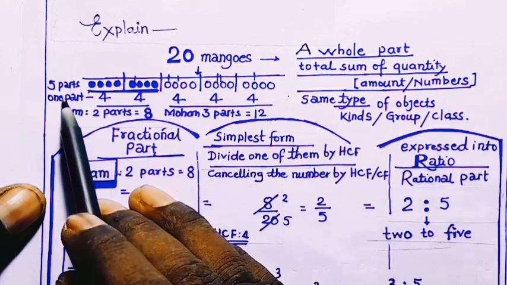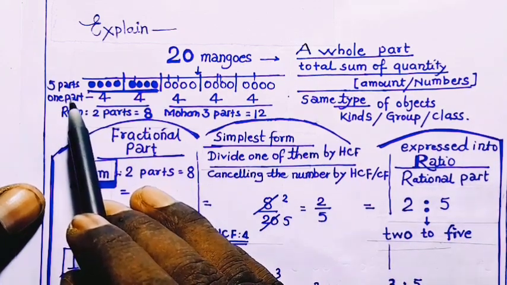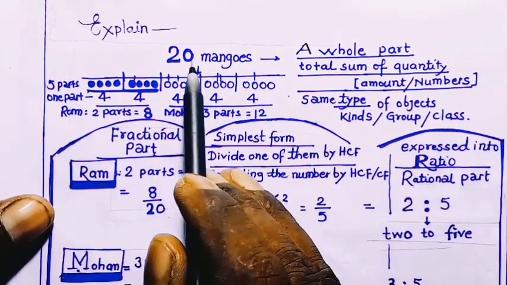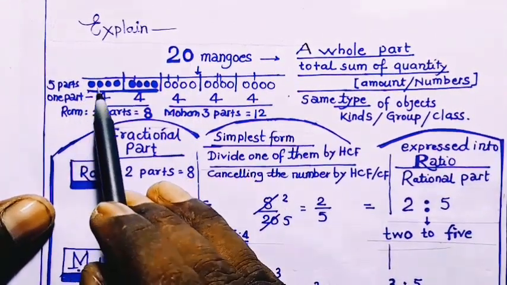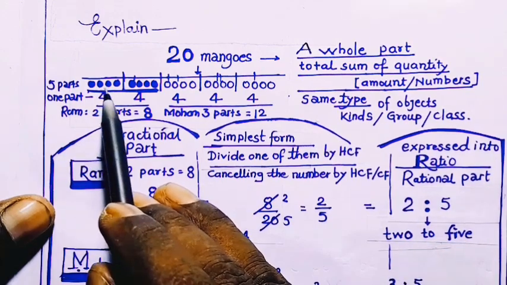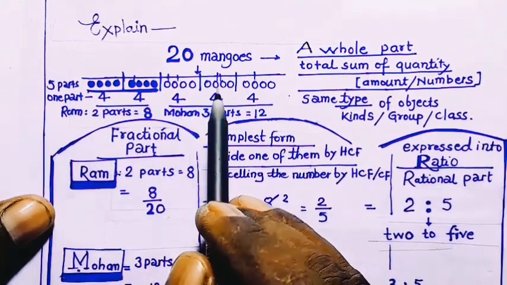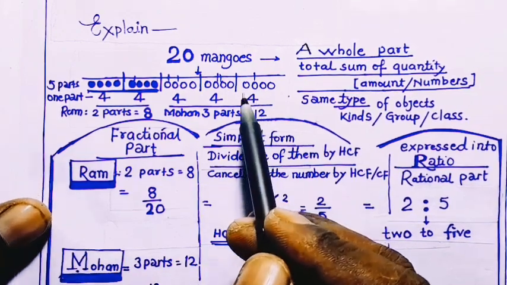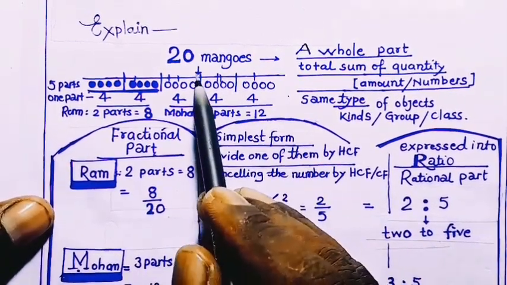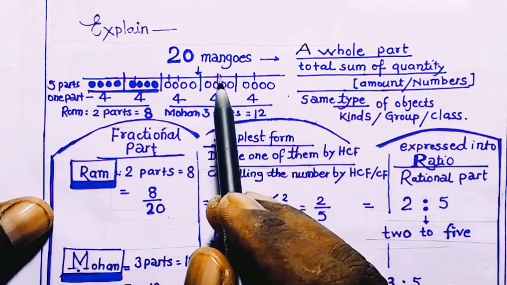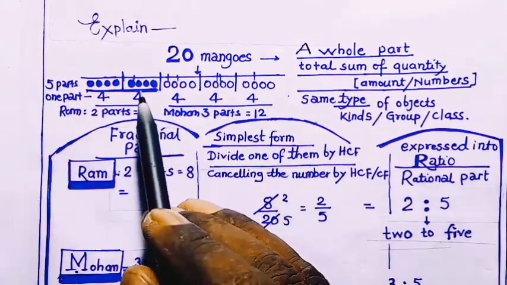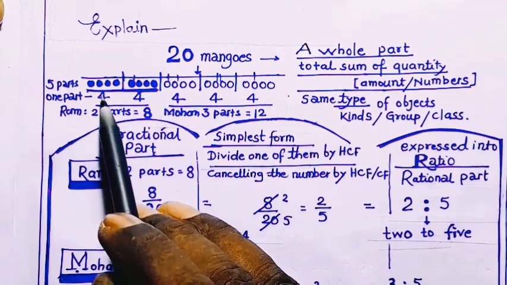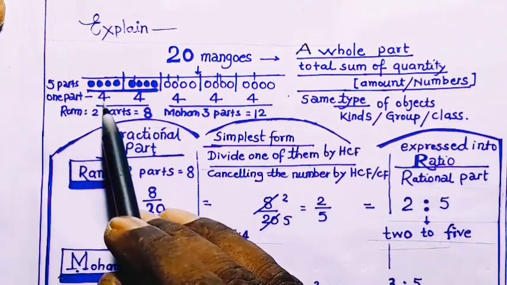If the 20 mangoes are divided into 5 parts, then here you can see 20 mangoes have been divided into 5 parts: first, second, third, fourth and fifth. All the 20 mangoes have been divided into 5 parts, and one part has 4 mangoes.